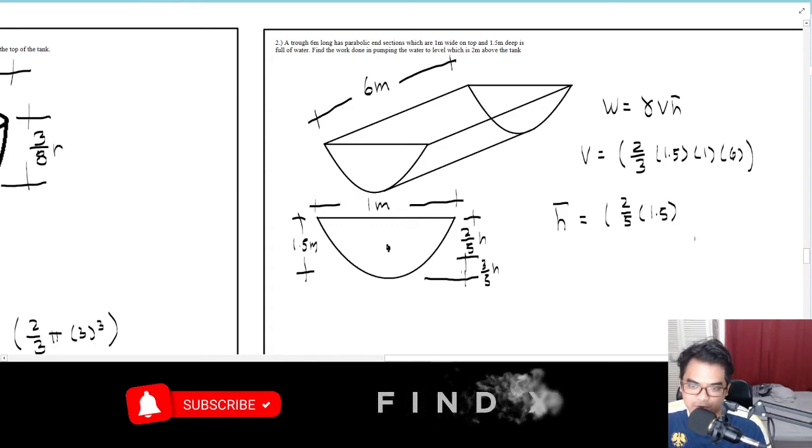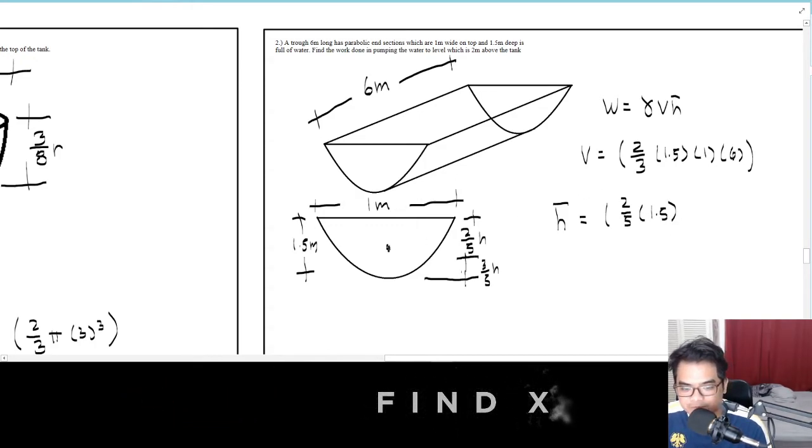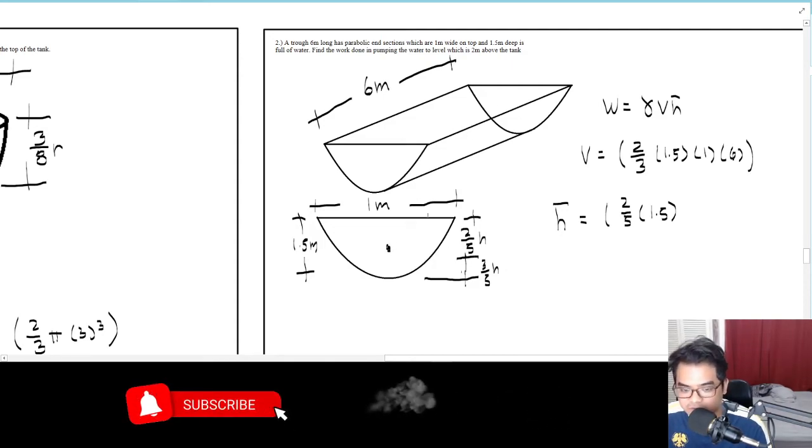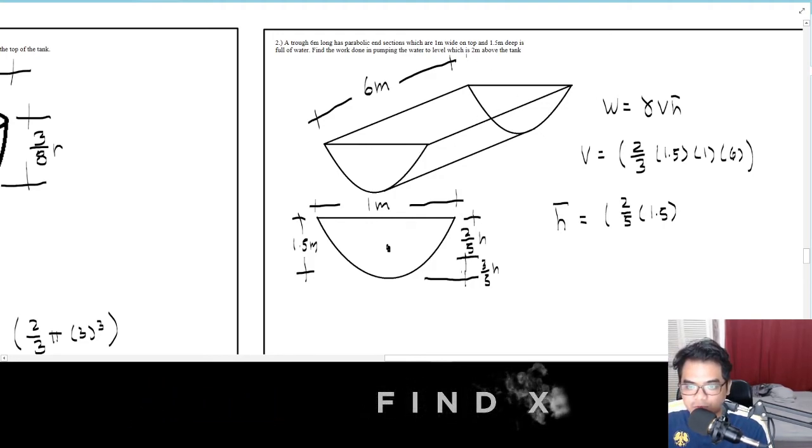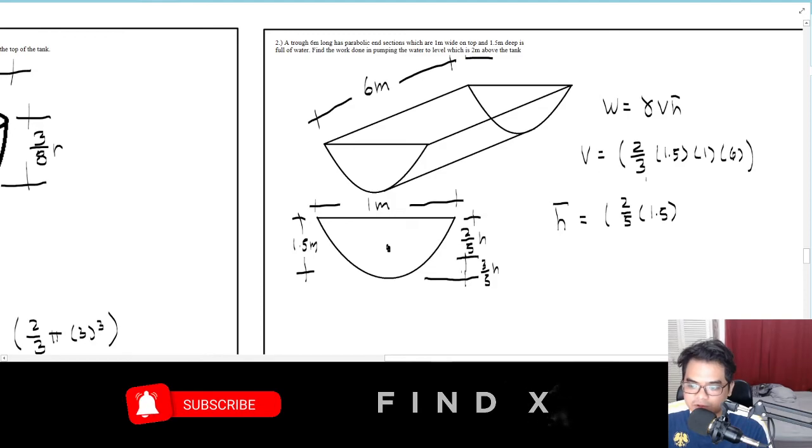But remember that this is just from the centroid of the parabolic section to the top of the trough, and you still have to pump it 2 meters above the tank. Therefore, you must have here plus 2.